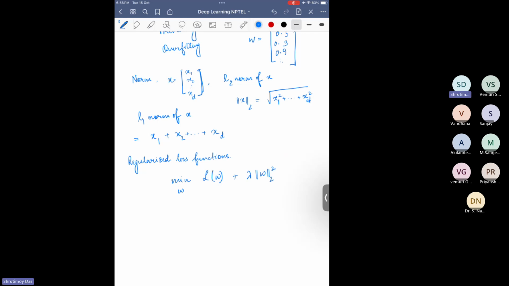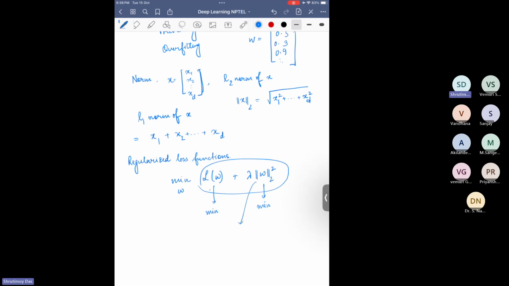So what it says is, I want to minimize this whole quantity, right? Now, this part has to be small, and this part will also have to be minimum.